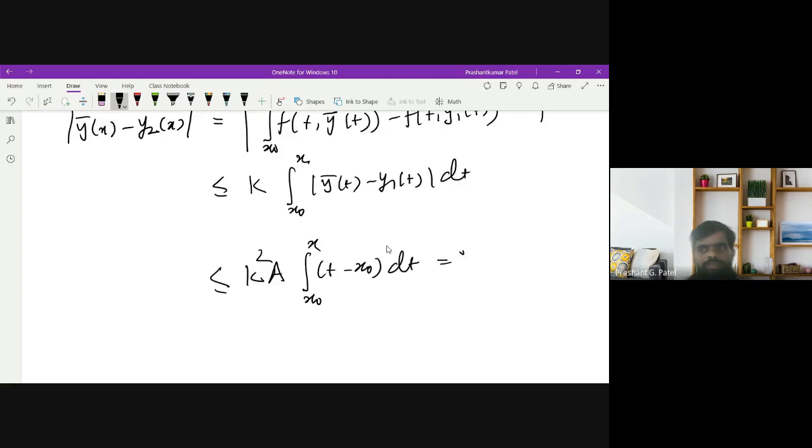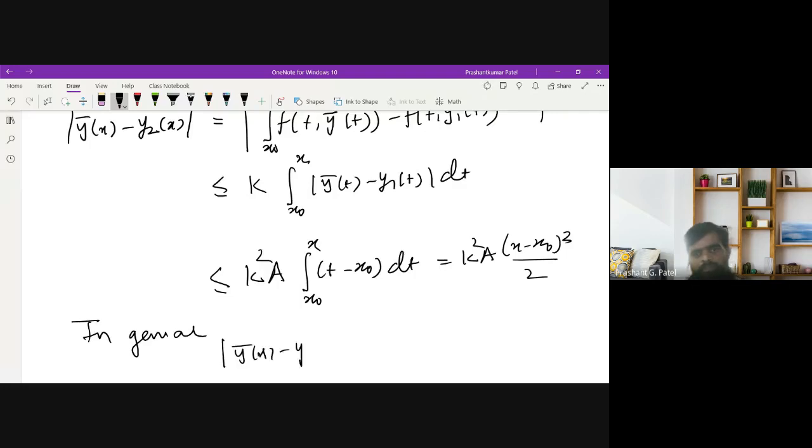That is equal to k square into a times x minus x0 whole square upon 2. By the same argument, in general, we can write y bar of x minus yn of x is less than or equal to k raised to n into a into x minus x0 to the power n upon n factorial.